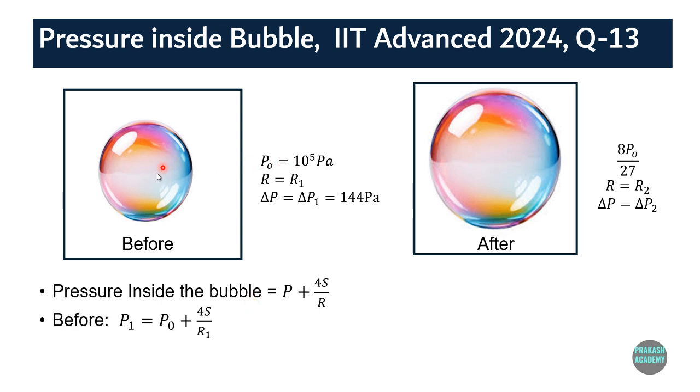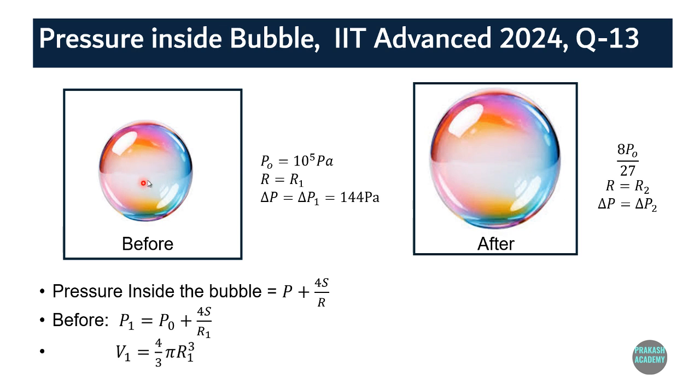So we can write, let us say the pressure inside the bubble is P1, then this will be equal to chamber pressure P naught plus 4S by R, that is the excess pressure which is coming due to the surface tension. And this value is 4S by R1 because in this case the radius is R1.